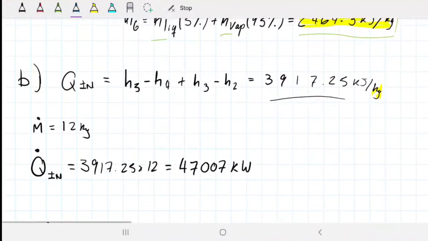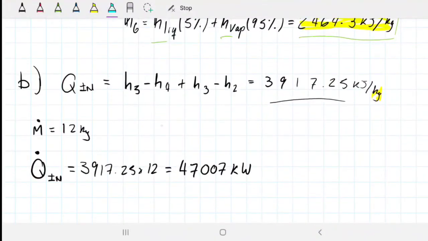Alright, so Q in, like I said, is from 4 to 5 and from 2 to 3, and I got 3,900 kilojoules per kilogram. But as you recall, they want the answer in kilowatts, so we have the mass flow rate, just multiply one by the other, and I got 47,000 kilowatts, right? So about 47 megawatts.